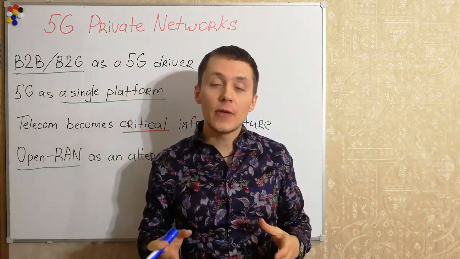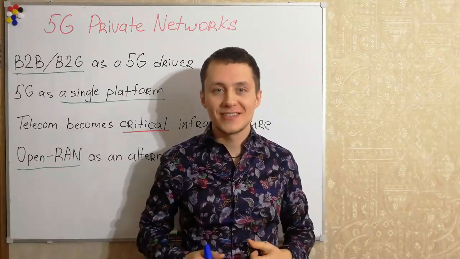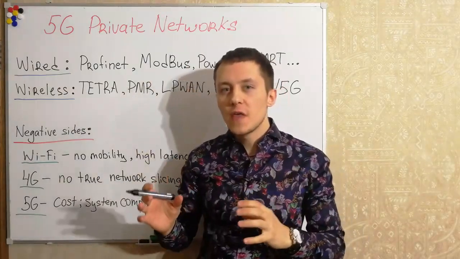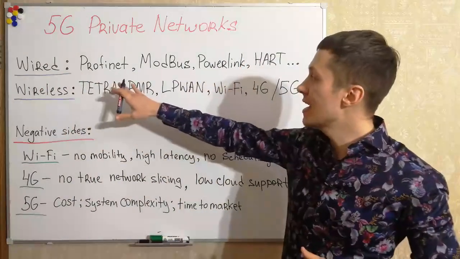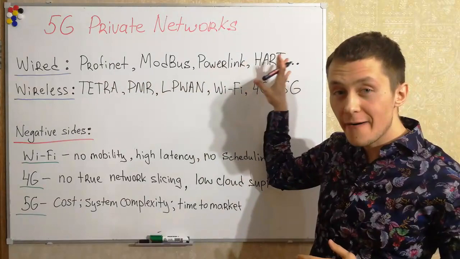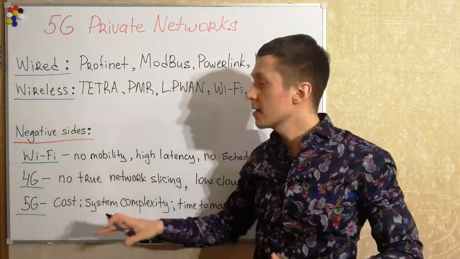And right now, let's talk about alternatives to 5G private networks. Basically, private networks can be based on wired standards such as Profinet, Modbus, PowerLink, HART. Such standards are based on the TCP/IP stack.